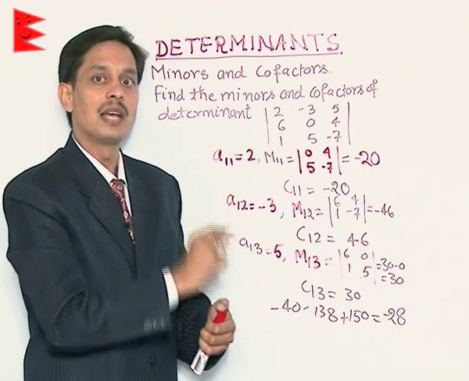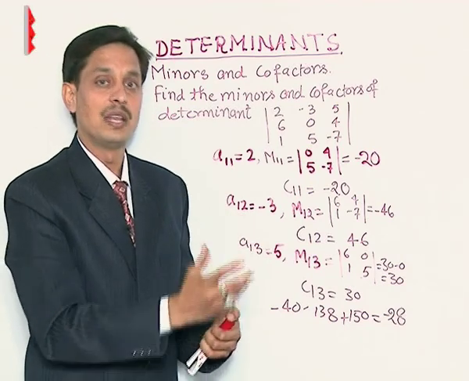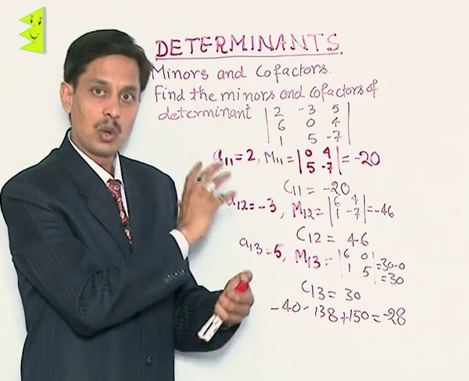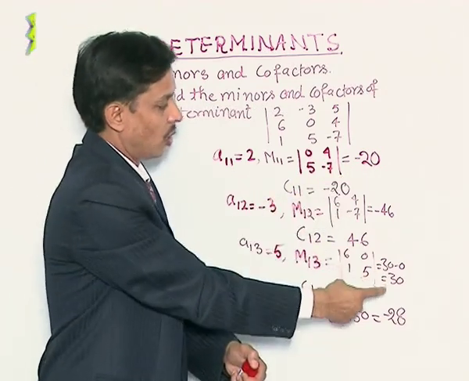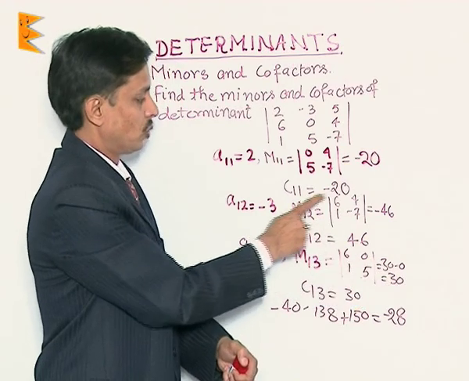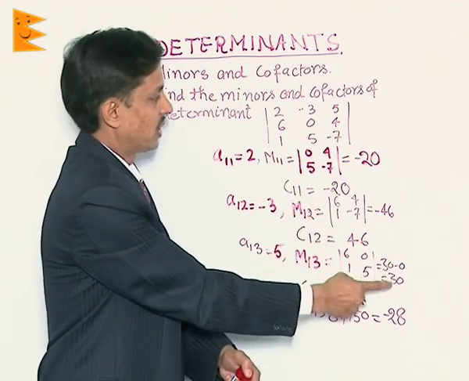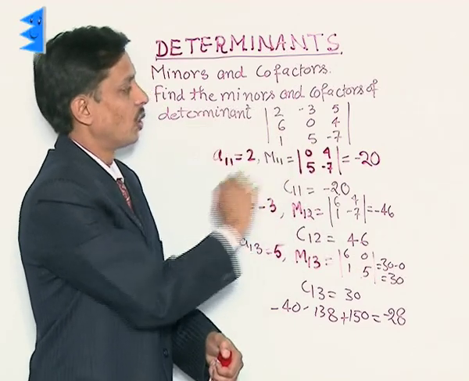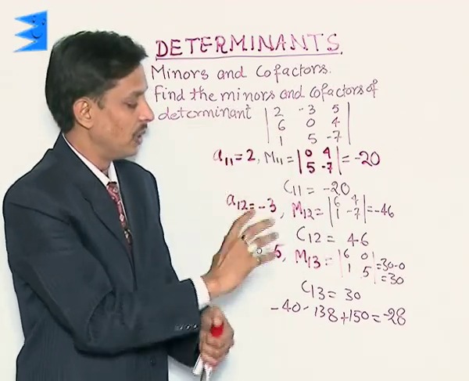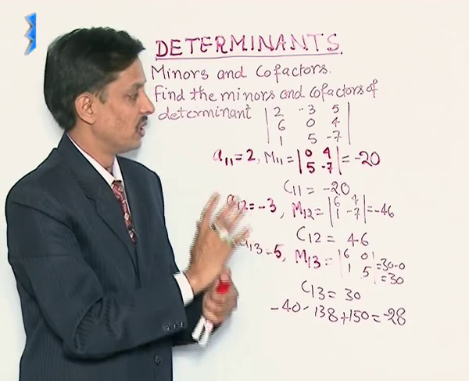So the value of the determinant remains unchanged even if you calculate it along any row or any column. And lastly, I would like to tell you, as and when the row or column is changed, suppose these three cofactor values minus 20, plus 46 and 30 are multiplied with any of the other row, that answer will be 0.